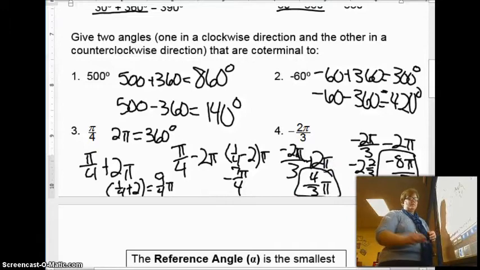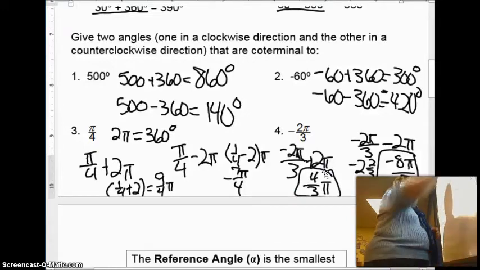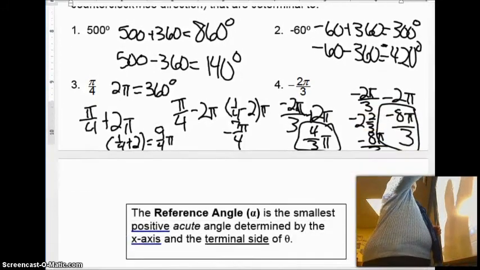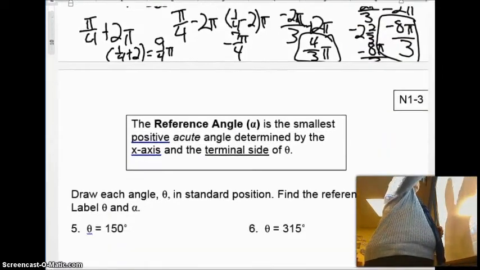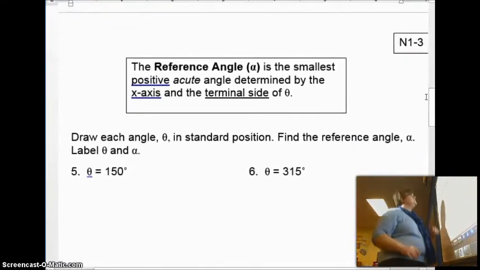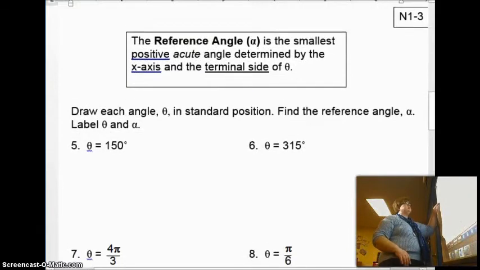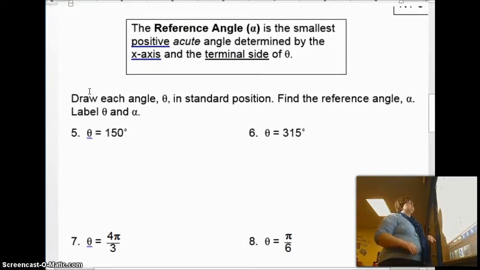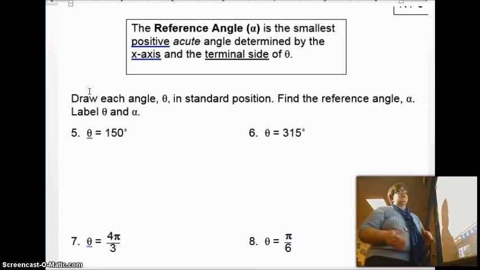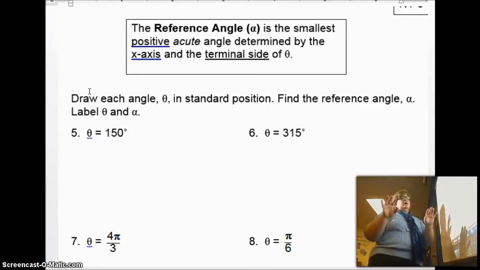All right, let's move on to another idea. It says the reference angle is the smallest positive acute angle determined by the x-axis and the terminal side of theta. What we're saying there is, even though we have all these angles that are coterminal, the reference angle is the absolute smallest version of that.